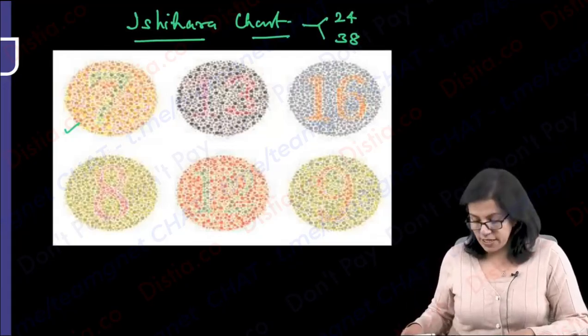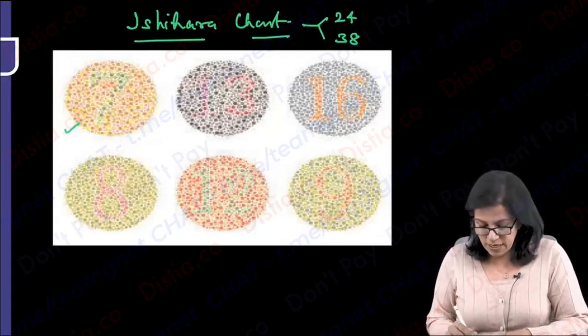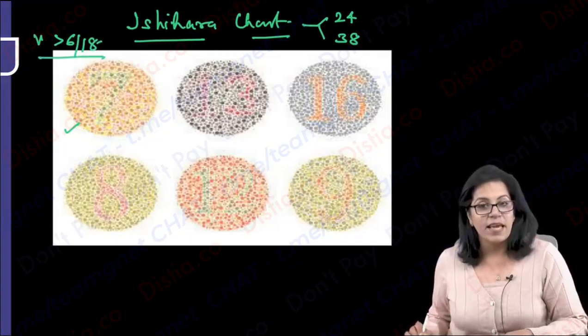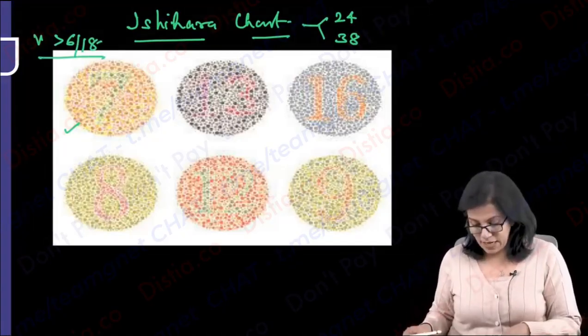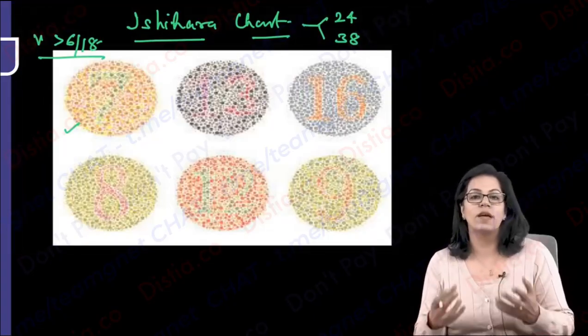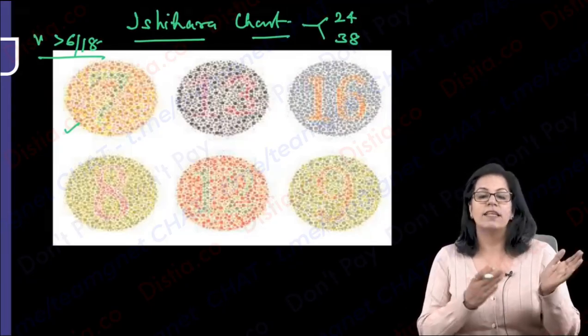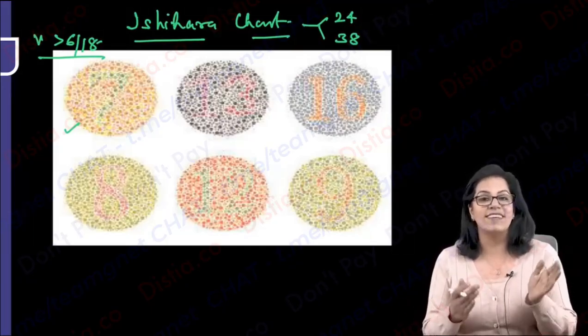Now the minimum vision that is required to test this should be at least 6 by 18 and above. So vision should be more than 6 by 18. Right? And very important, please remember it. The initial first plate is always 12 and that is read by anyone, even if you are colorblind. Later, with the next plates we see whether the patient can read or not.